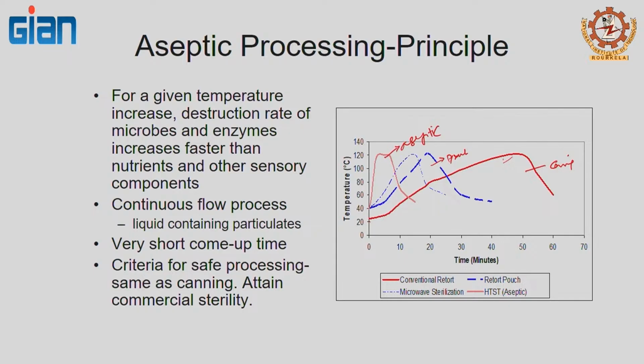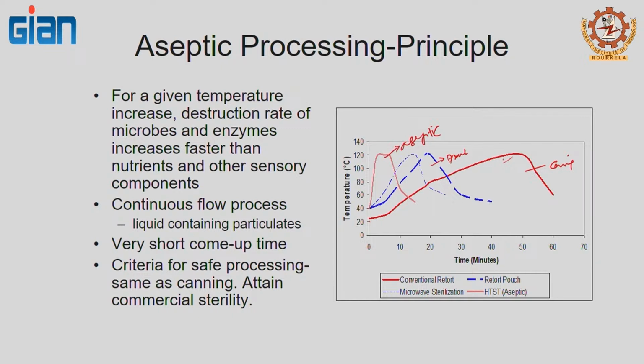Now, what is the criteria for making the product safe? It's similar to canning. Canning has been practiced for 150 or 200 years, and a lot of scientific data has been established, particularly from the 1900s. So what we are doing here is adapting some of that knowledge: time, temperature, and a certain log reduction of your target bacteria.